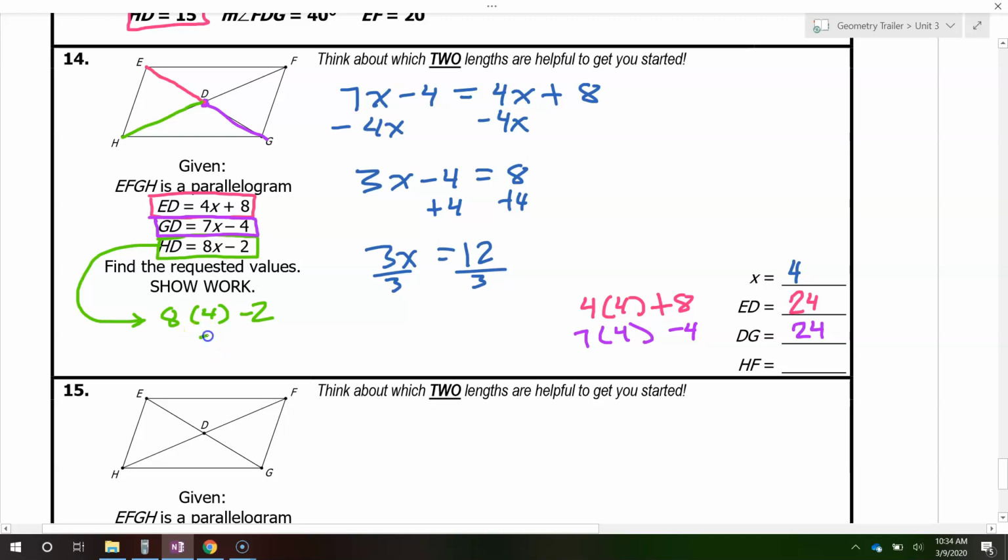So this is 30. So that means that HD is equal to 30. So this right here is 30. This is the midpoint, so that means this over here is also 30. So when they ask me for HF, HF is the whole thing. 30 plus 30 is 60.